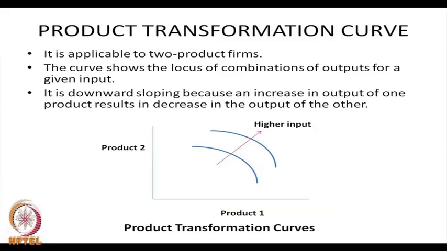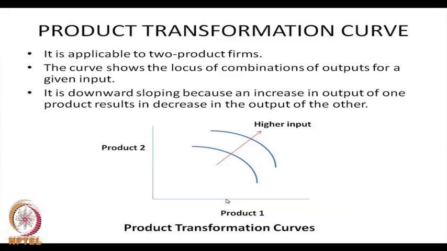Now, we talk about the product transformation curve. This curve is relevant when a firm is producing 2 or more products. In this case, we are considering only 2 products, product 1 and product 2. The product transformation curve basically shows the locus of combinations of outputs for a given input.